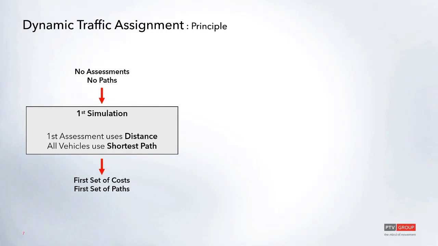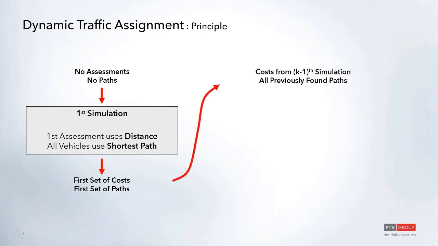Once that simulation has been completed, you'll be given your first set of paths and then the costs associated with those paths. And so these costs will include things like the travel times for the path, the distance of the path, and then also some of the financial costs. These will then get put into the next simulation run.